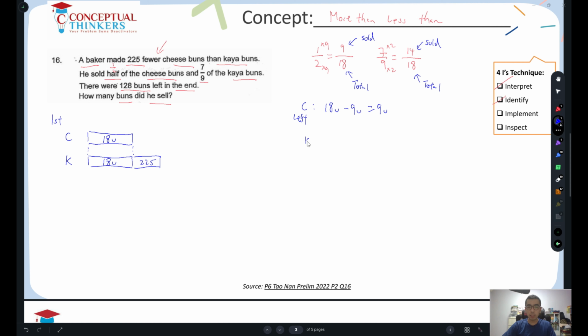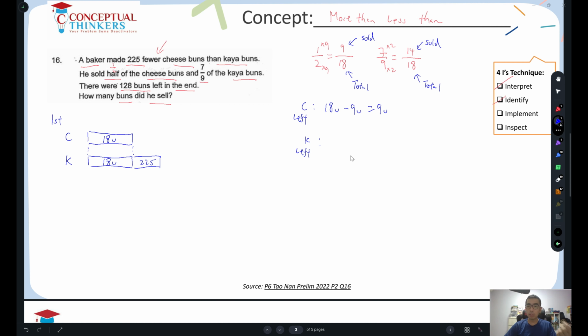Next, if I look at kaya left, there are two components I need to look at. The first component will be these 18 units, after 7/9 of it is sold, what will be the leftover. I also need to know the quantity left from this 225 after 7/9 of it is sold.